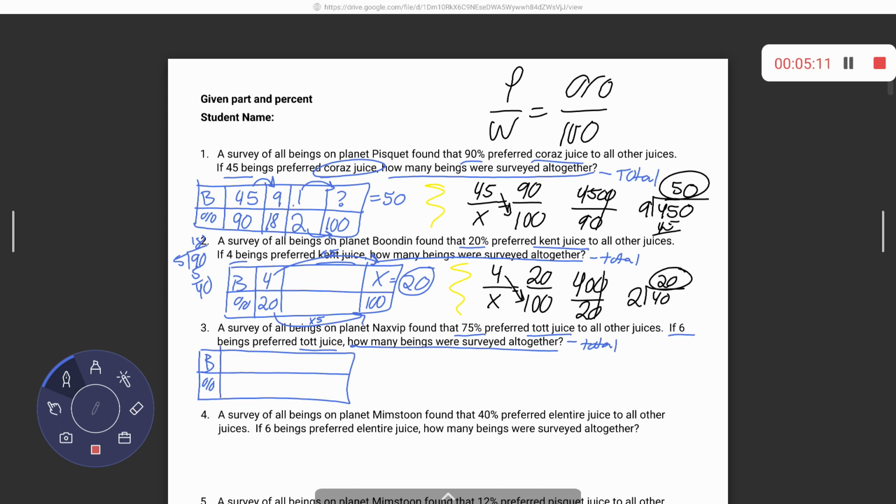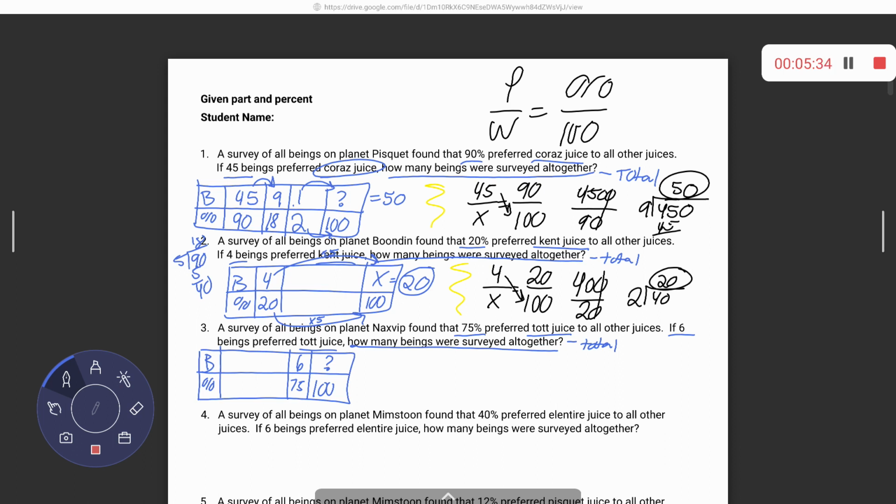So I have 6 beings, and that represents 75%. I'm trying to figure out what 100% is. So we've got to get 75 to 100. We can't do that really easily.